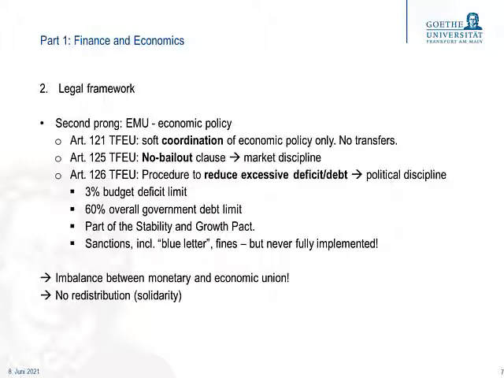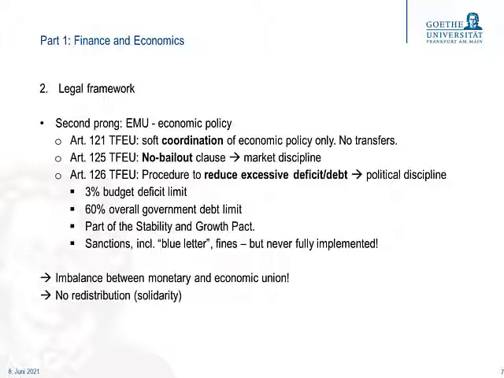There are no transfers, so there's no guarantee that business cycles will always be the same. Even though since the beginning of the European Communities, and especially since the establishment of the monetary union, there has been a certain adjustment of business cycles. So they're more uniform and more coherent now than they were before. But still there can be divergences among countries, and there are very few legal means to make up for them.